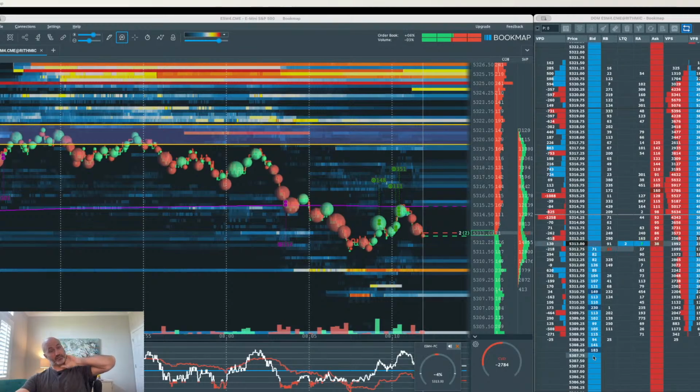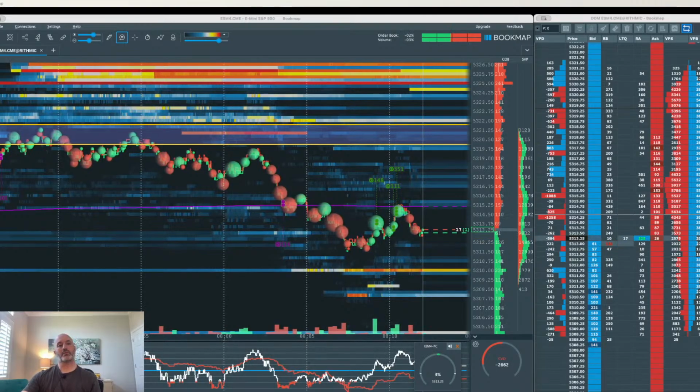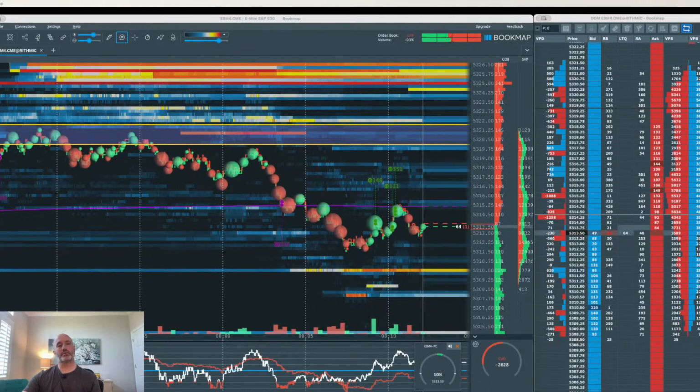That would be ideal. Now we have the move that we're really looking for. But I'm not sure if we're ever going to get that full move.